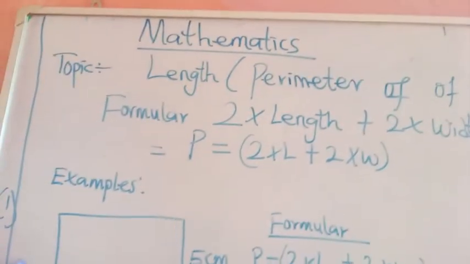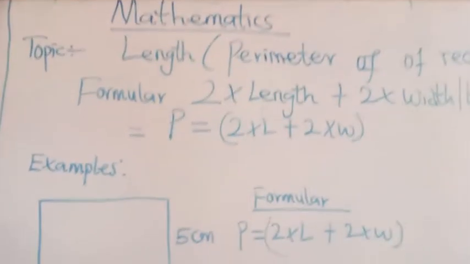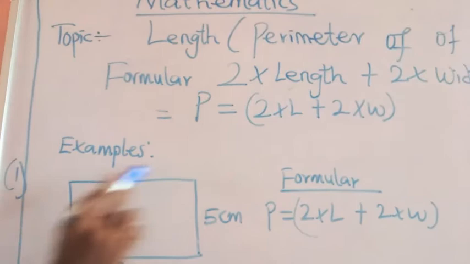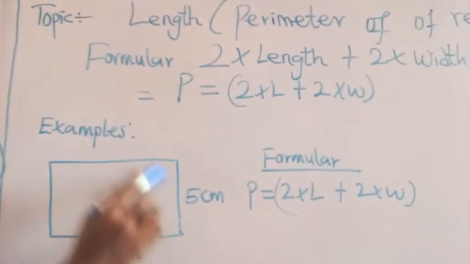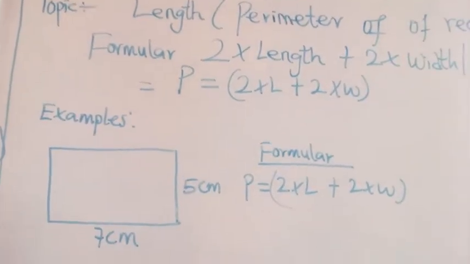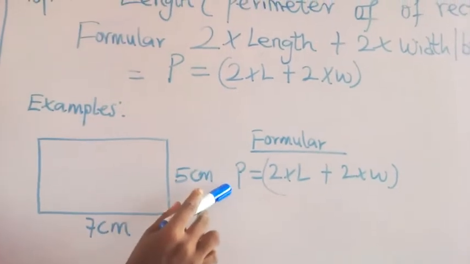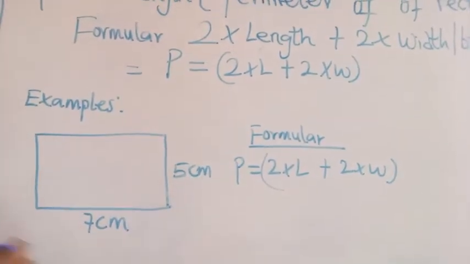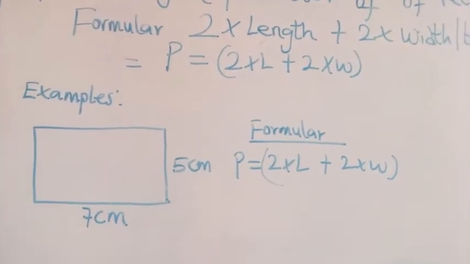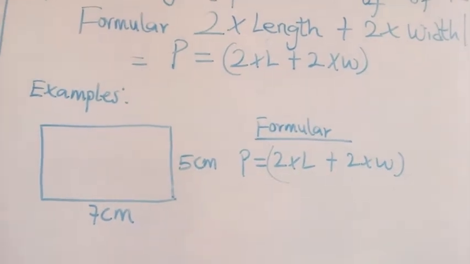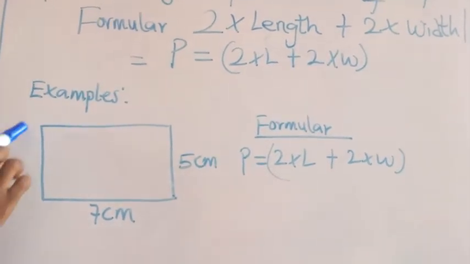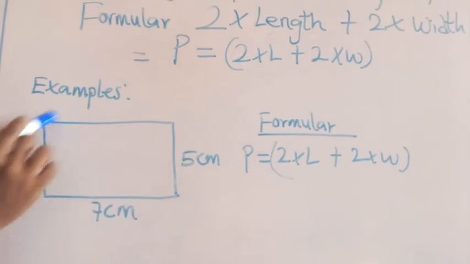Example. This is our number one example. This is a rectangle. Now, remember they asked us to look for the perimeter of this shape. First of all, what is perimeter? Perimeter is the total distance around an object.